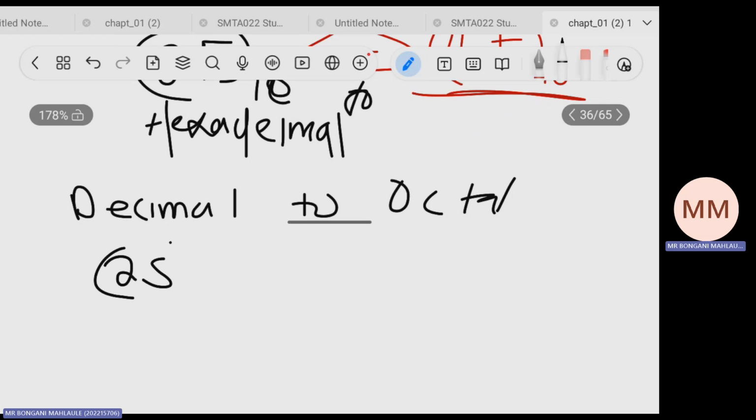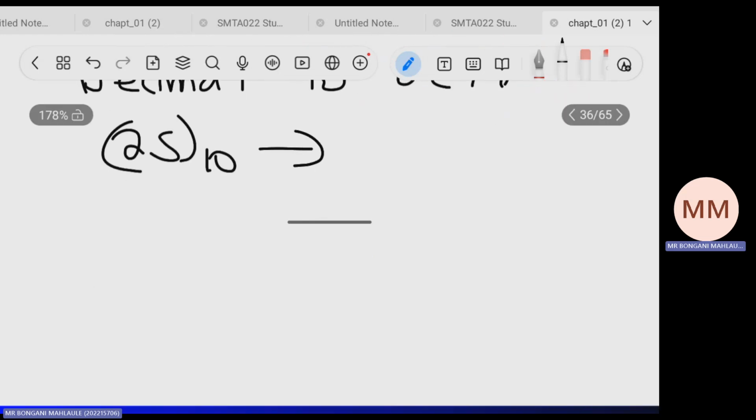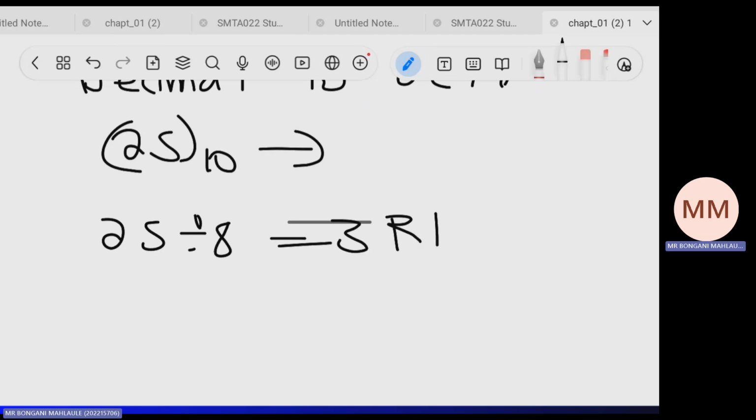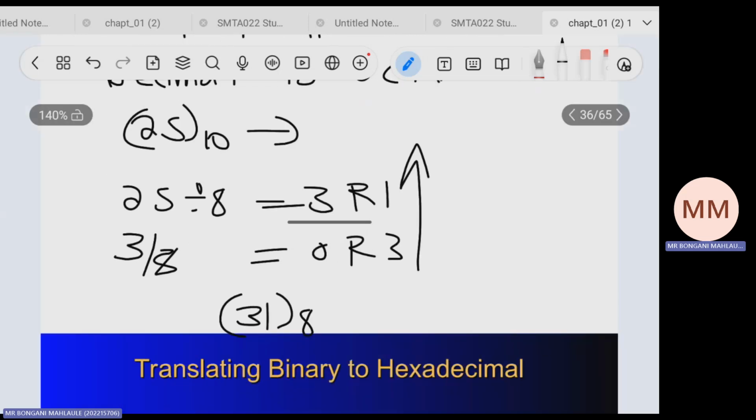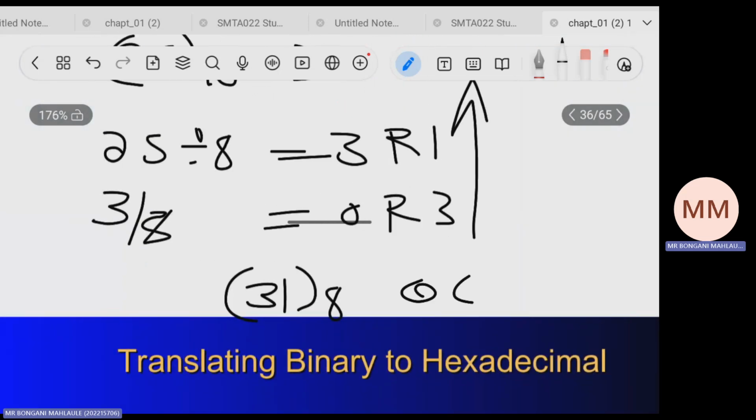Suppose you are given 25 base 10, they want you to convert to octal. So you will say 25 divided by 8. Then you'll get 31 base 8. So this is when you're converting to octal.